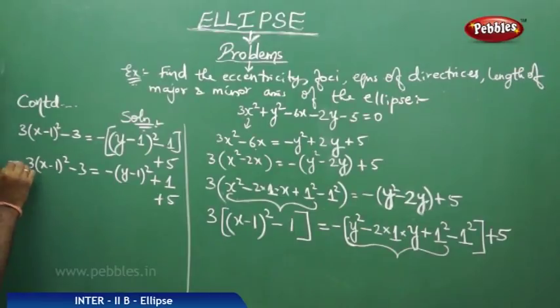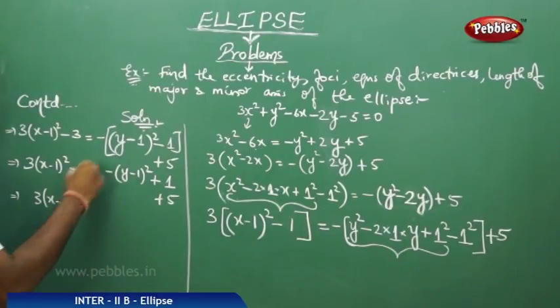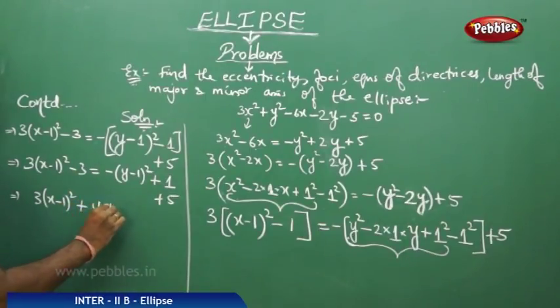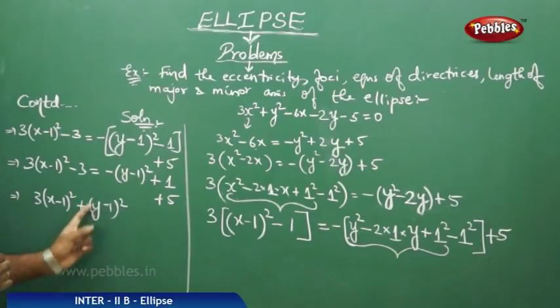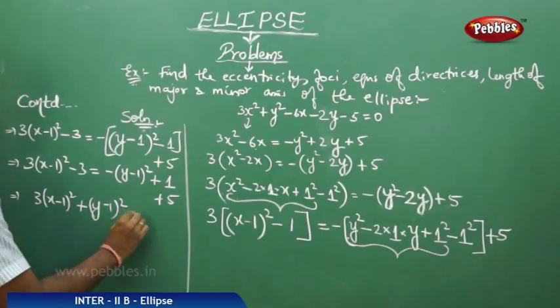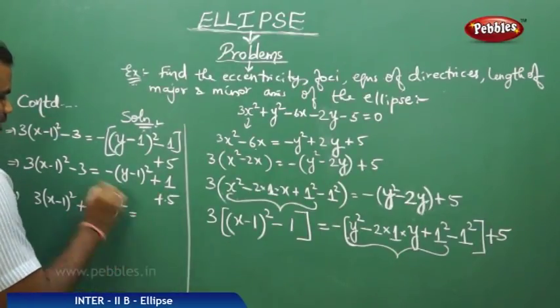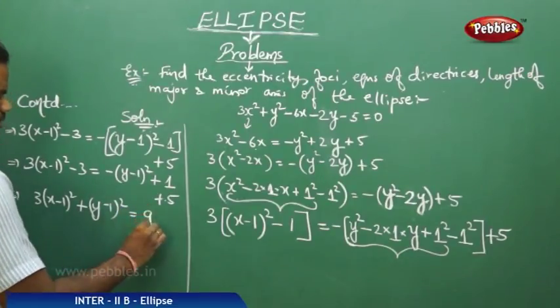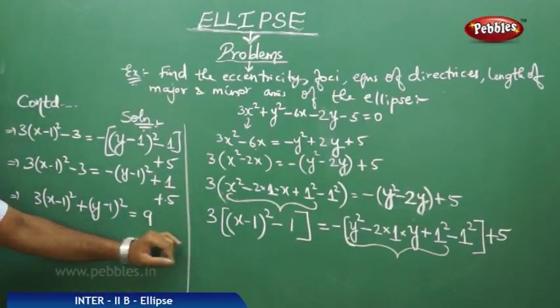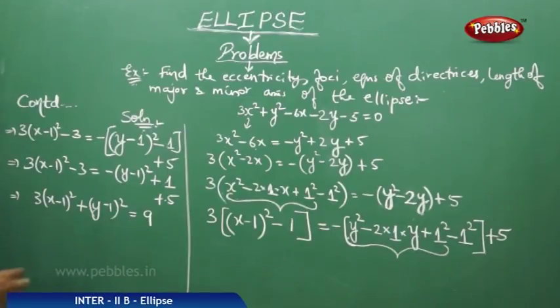This on further simplification gives 3 times of x minus 1 whole square, if I bring it here, plus y minus 1 whole square, that is equal to 5 plus 1, which is 6, plus 3, which is 9. So all constants brought together and added gives me 9. That implies I divide the whole equation by 9 so that I get 1 on the right side.